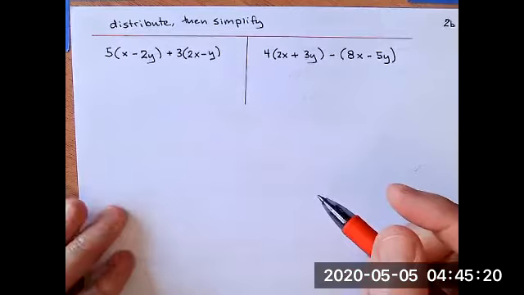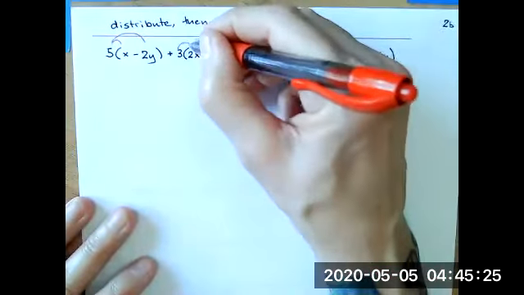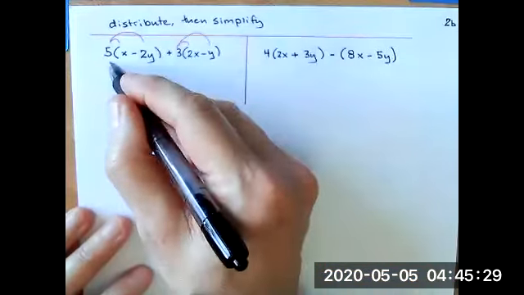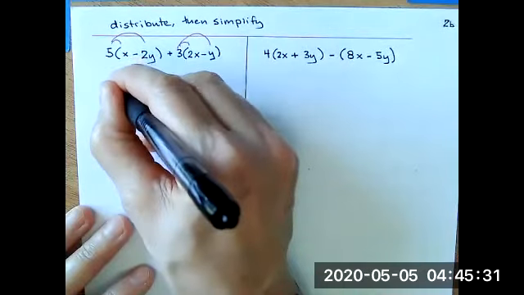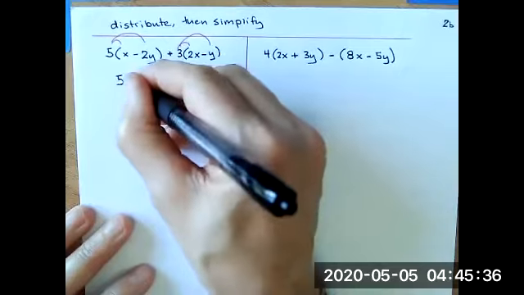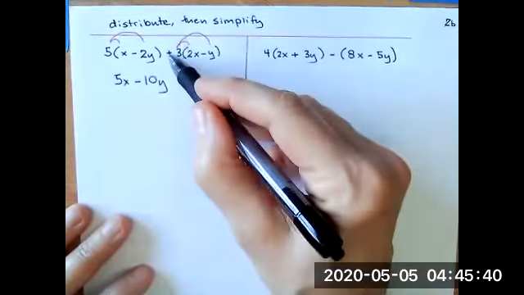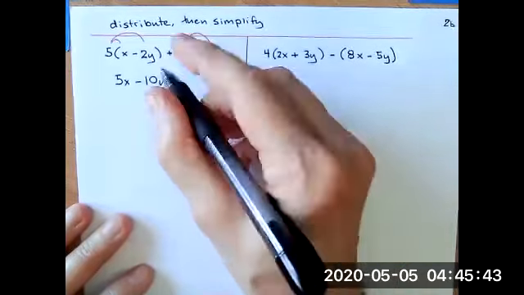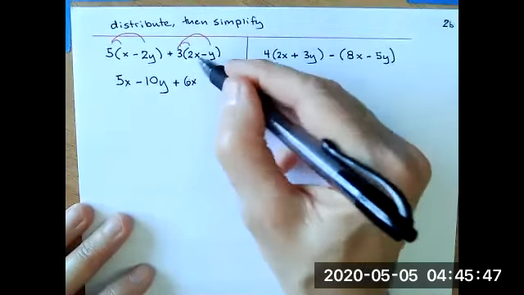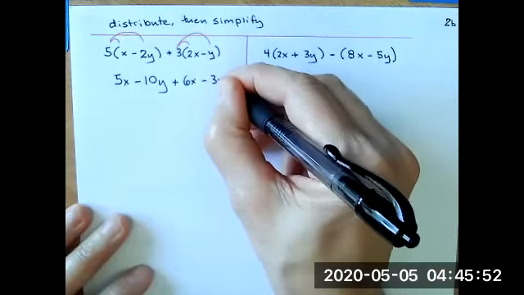All right, let's practice a couple more. First, we distribute. So 5 times x is 5x. 5 times negative 2y is negative 10y, plus 3 times 2x is 6x. 3 times negative 1y is negative 3y.